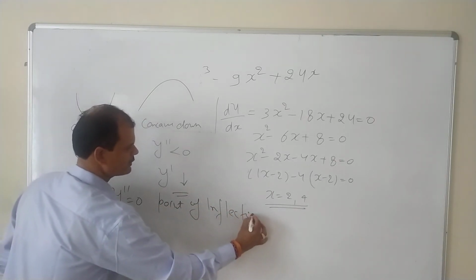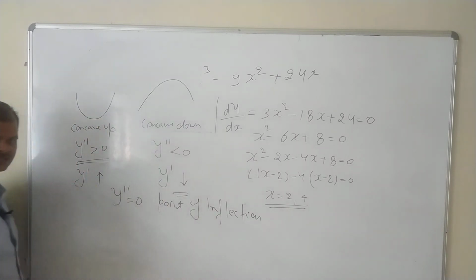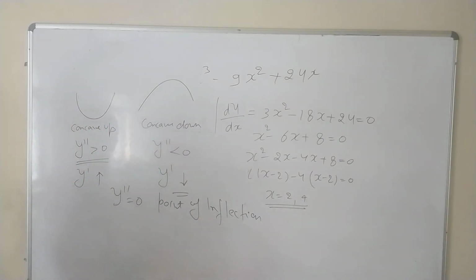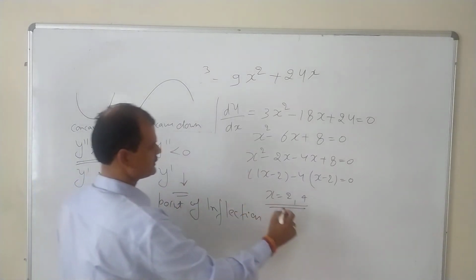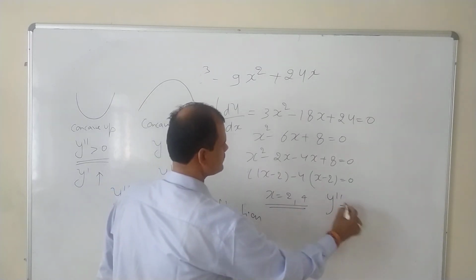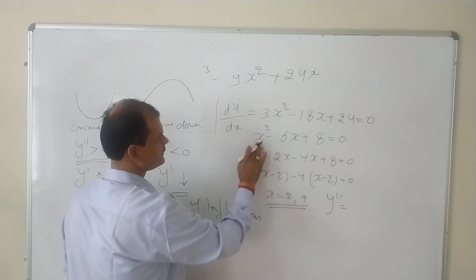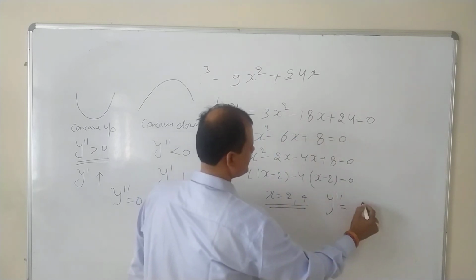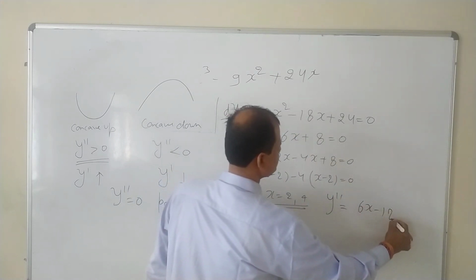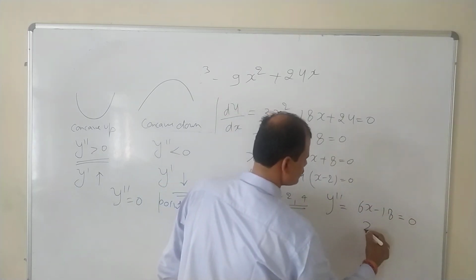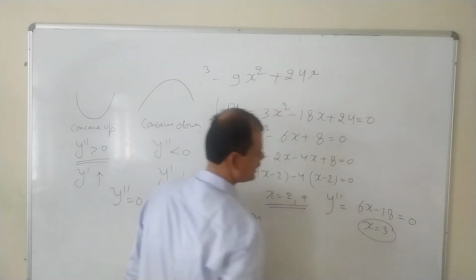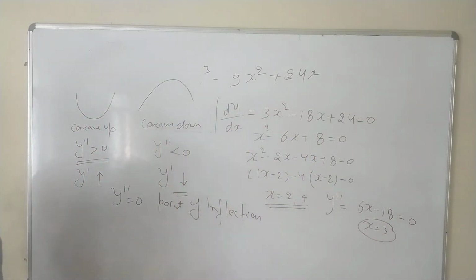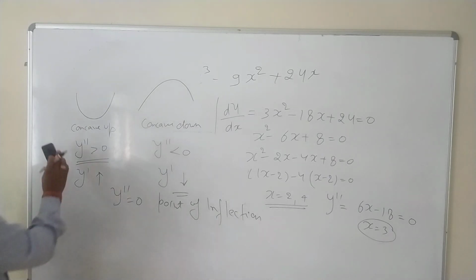At the point of inflection, the concavity nature will change. So let us find out what y'' is. y' I have here, so I'll get 6x minus 18 equal to 0. So x equals 3. Here x equals 3 is the point of inflection because the double derivative is 0.